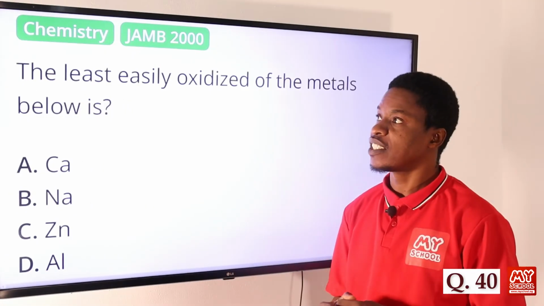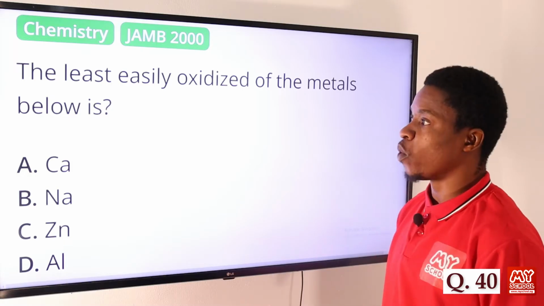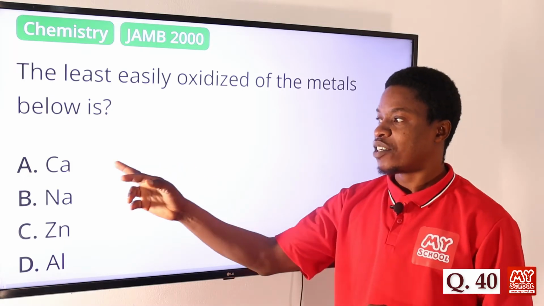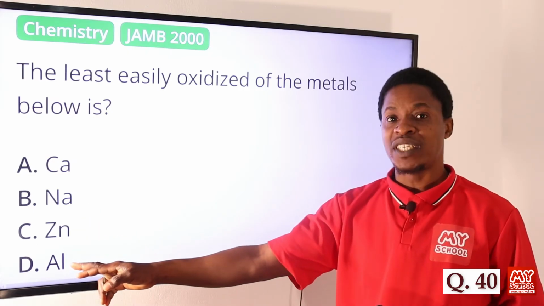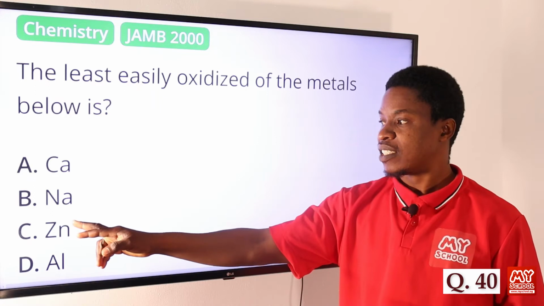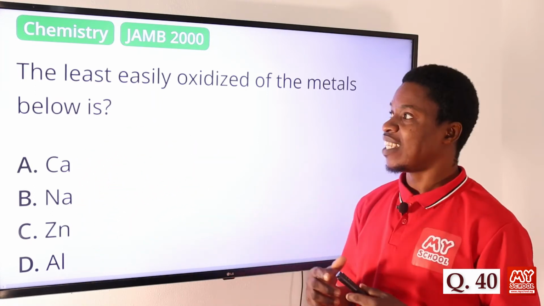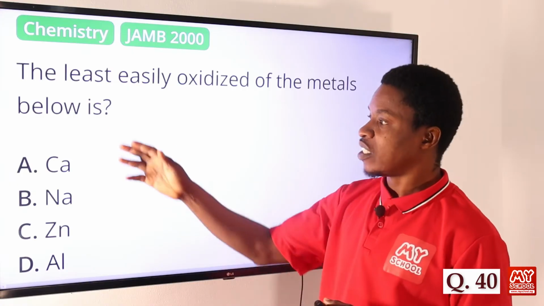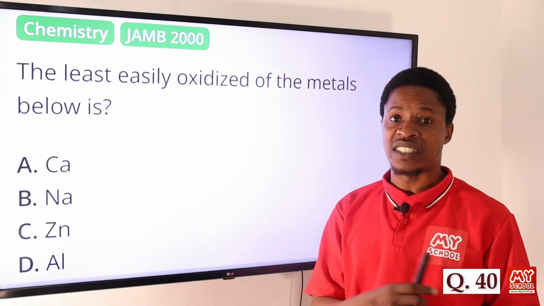Question number 40. The least easily oxidized of the metals below is calcium, sodium, zinc, aluminum. Of course, this is having a valency of +3. This is +2, +1, +2. Actually, the order in which all these metals are reactive has to do with the activity series, okay?